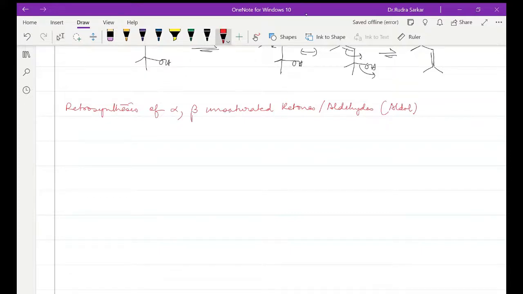So whenever you are given the alpha beta unsaturated ketone or aldehyde, try to think of an FGI which involves the addition of a water molecule to produce the beta hydroxyaldehyde or ketone, and then you can just repeat the retrosynthetic pathway that we had used for any aldol, that is the beta hydroxyaldehyde or ketone.